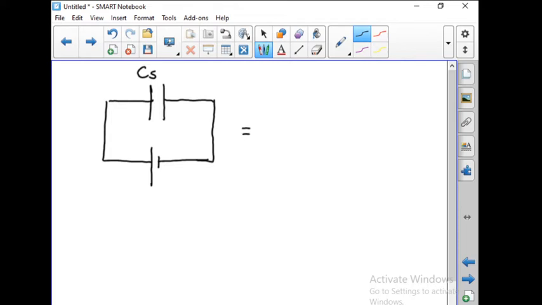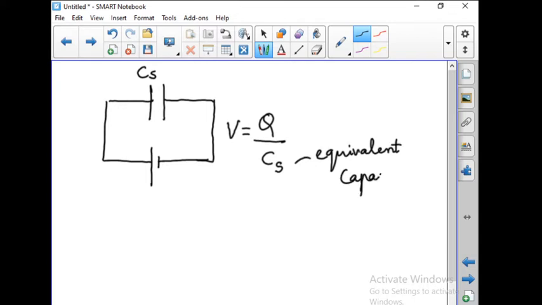We know V is equal to Q by C. Here the capacitance is represented as Cs, which is the equivalent capacitance. So what does this Cs mean? The Cs represents that it replaces the function of all the other three capacitors.